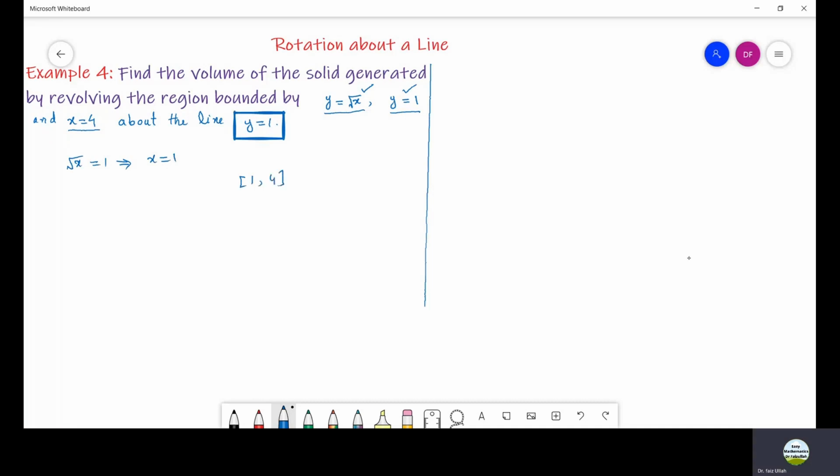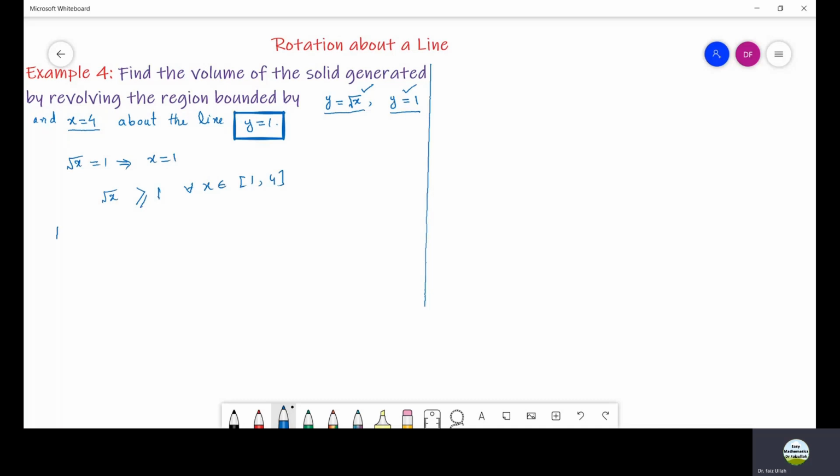So we need to check which curve is greater in this interval. The first curve is under root x and the other is y is equal to 1. So if we put different values from this interval, we can see that under root x is greater than or equal to 1.